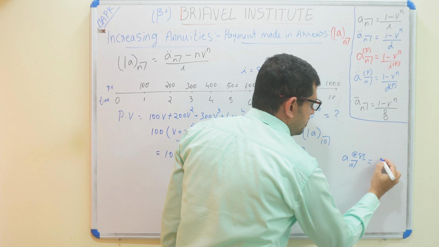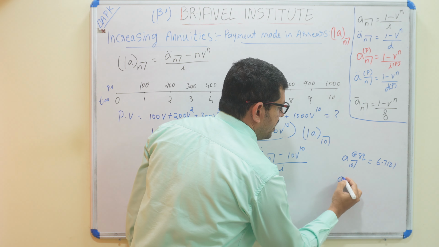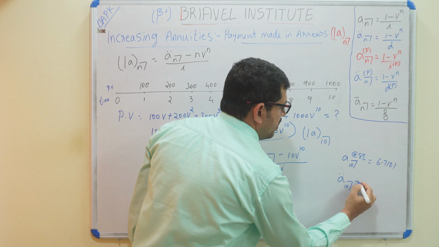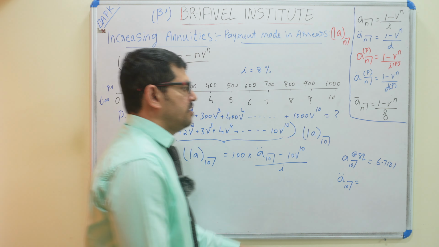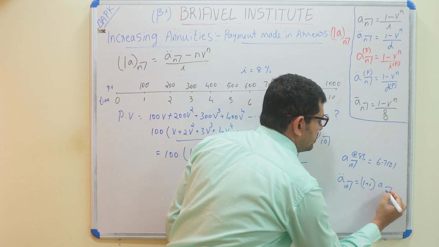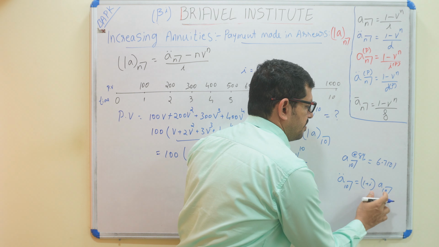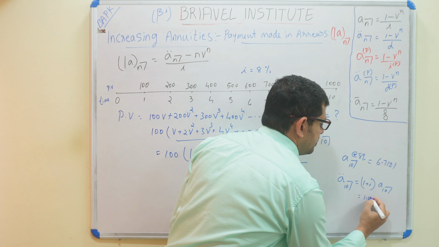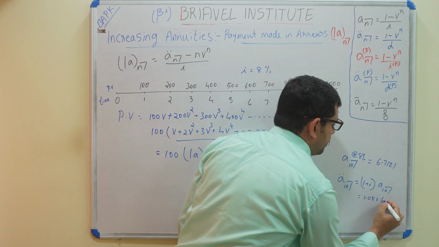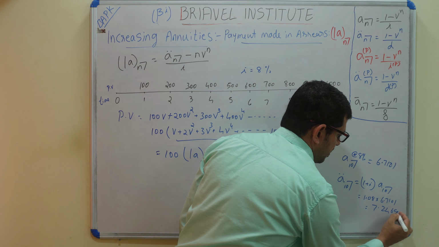So we will get 6.7101. And how will we get ä 10? Just multiply with 1 plus i, using this formula, 1 plus i times a 10. So here it is 1.08 multiplying with 6.7101, we will get 7.2469.